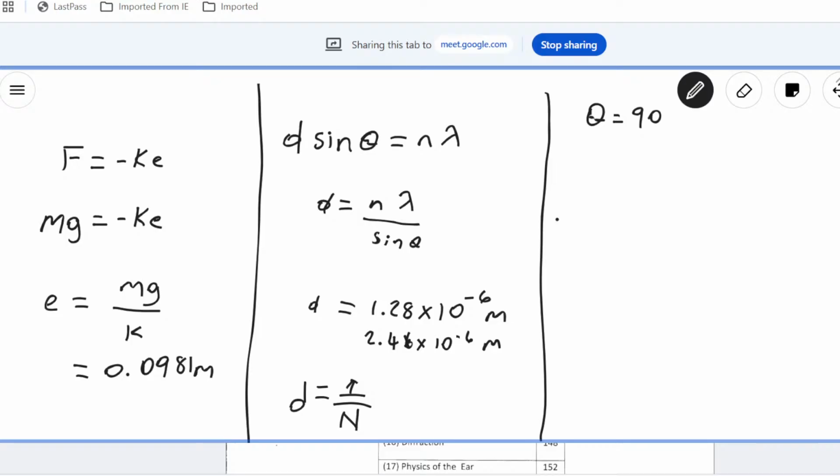I use the meters, because remember the wavelength. You can mix units. The wavelength is 10 to the negative 7 for meters.